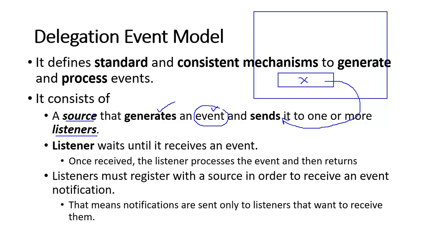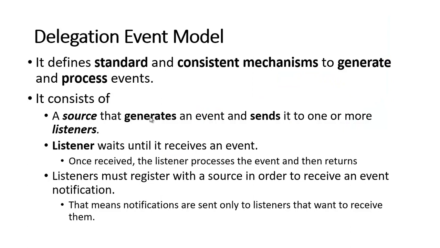So source is the one that generates an event, and the listener is the one that listens to that event and takes the appropriate action. The work of the listener is to wait until an event occurs, and when an event occurs, perform the particular action and return the control back.